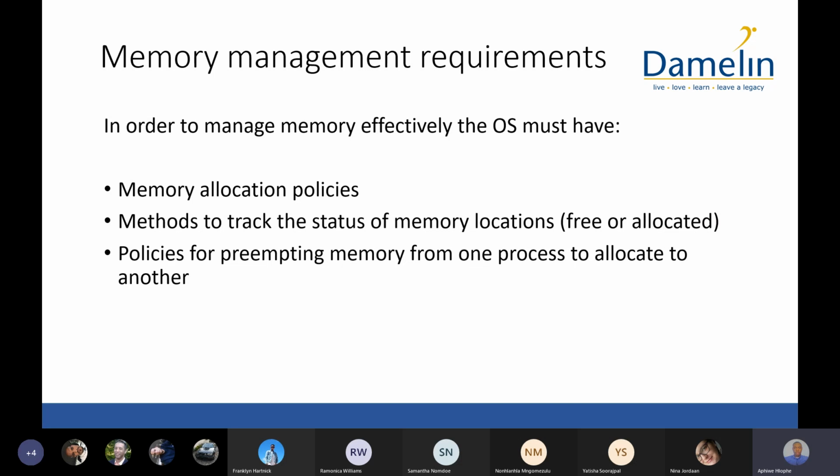So it also has to be able to clean the memory and free up space for any urgent processes. Those are some of the requirements in order to implement memory management, and the operating system has to be able to do this.